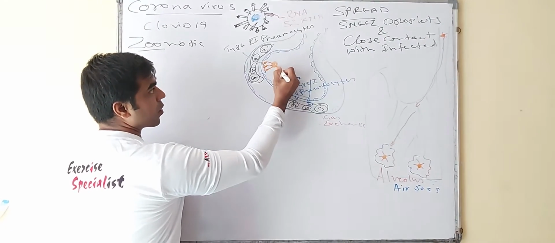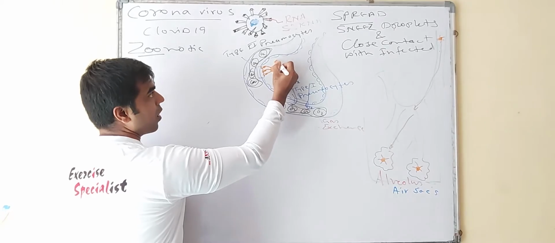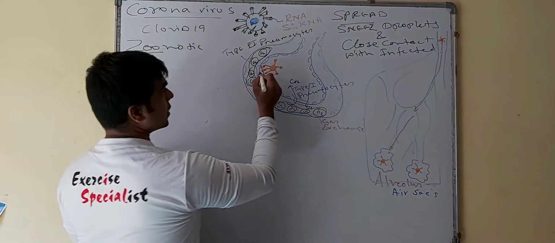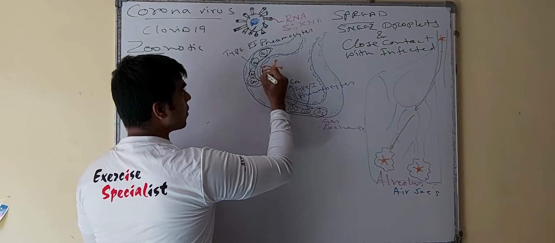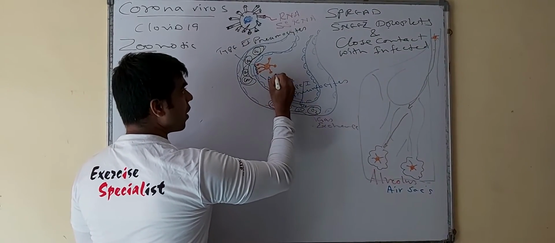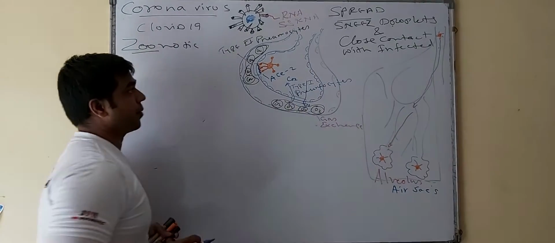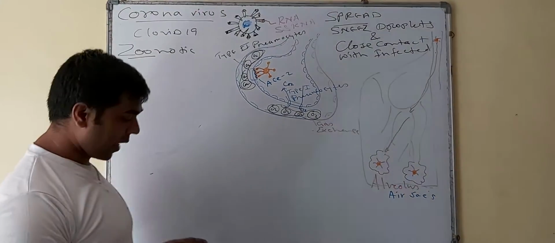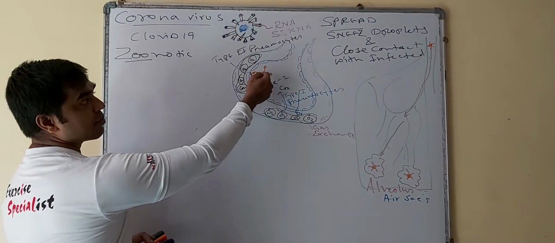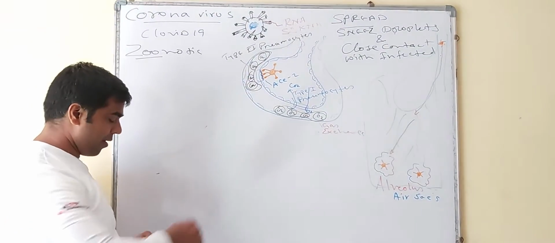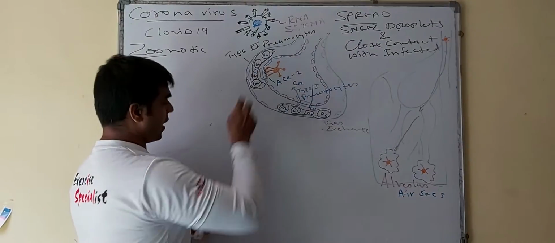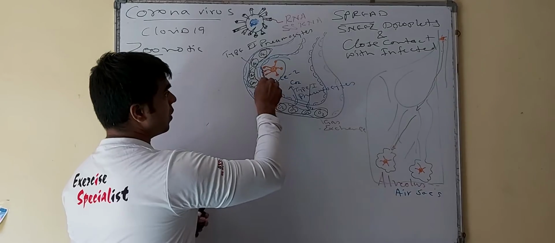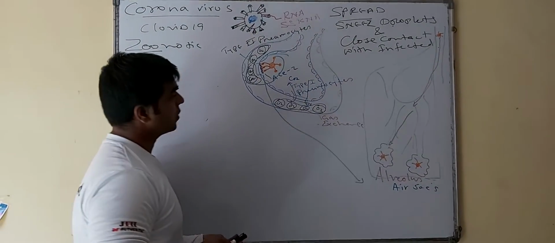This receptor is called the ACE type 2 receptor, angiotensin converting enzyme type 2 receptor, right? Let's understand how this multiplies in this cell. So let's zoom into this cell and take it here, right?